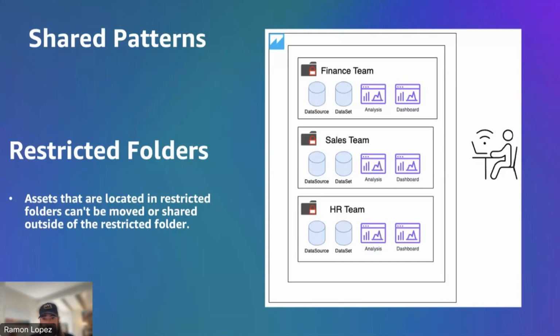Looking at this simple architecture diagram here, we got a finance team, a sales team, and an HR team. Each one of these groups has data sources, data sets, analysis, and dashboards. One of the core tenets of the restricted folders is that assets located in the restricted folder cannot be moved or shared outside of the restricted folder.